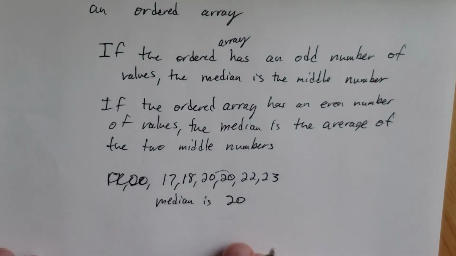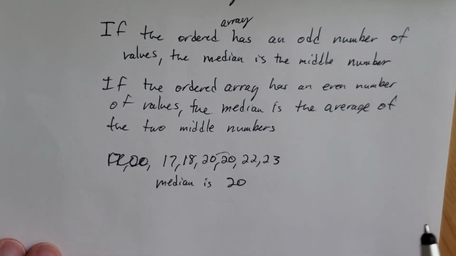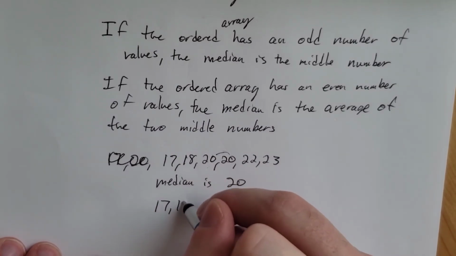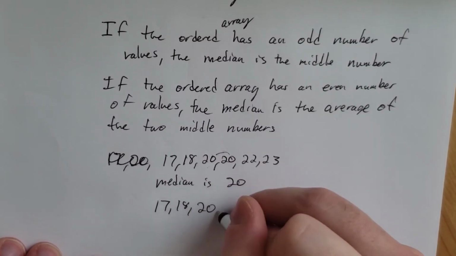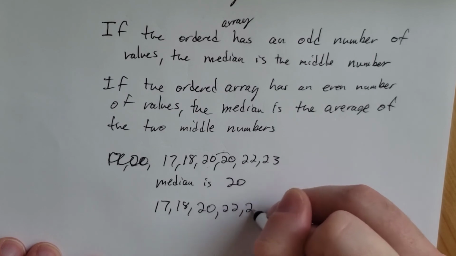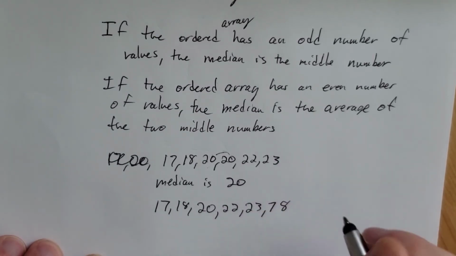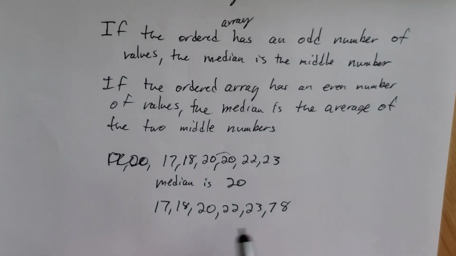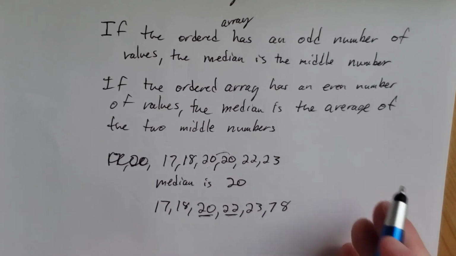Now, let's look at the other set of data that we had, right? We had 17, 18, 20, 22, 23, 78. So if we had an extreme value here, what are our two middle numbers? Our two middle numbers are 20 and 22. We have an even number of these, so we take the average of these two middle numbers.